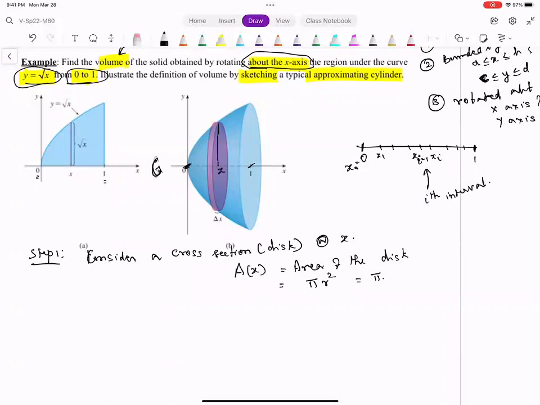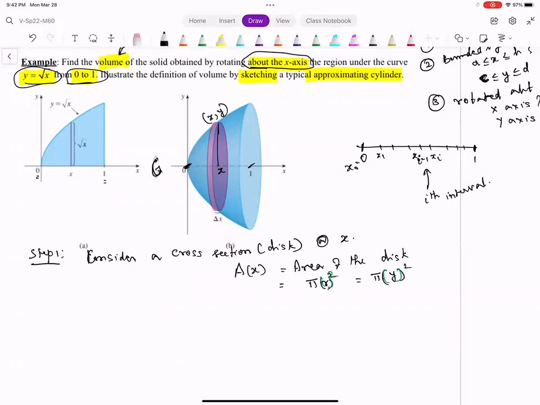If this point is x, the y coordinate is the radius. So this point is (x, y). What is the radius of the disk? It is the y coordinate at the point x, which is equal to y. So I'm substituting for the radius: the radius is y.